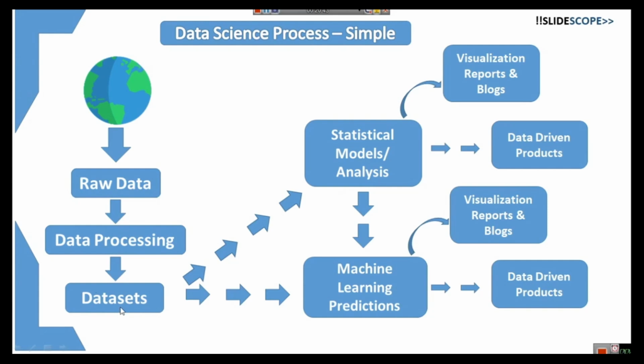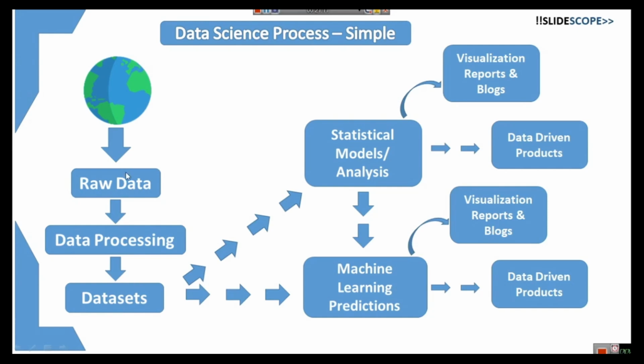So that is how we create data sets. Very common examples of data sets are an SQL table, and an Excel sheet is also an example of a data set. A combination or collection of Excel sheets is also a data set. A combination of various tables is known as a database.